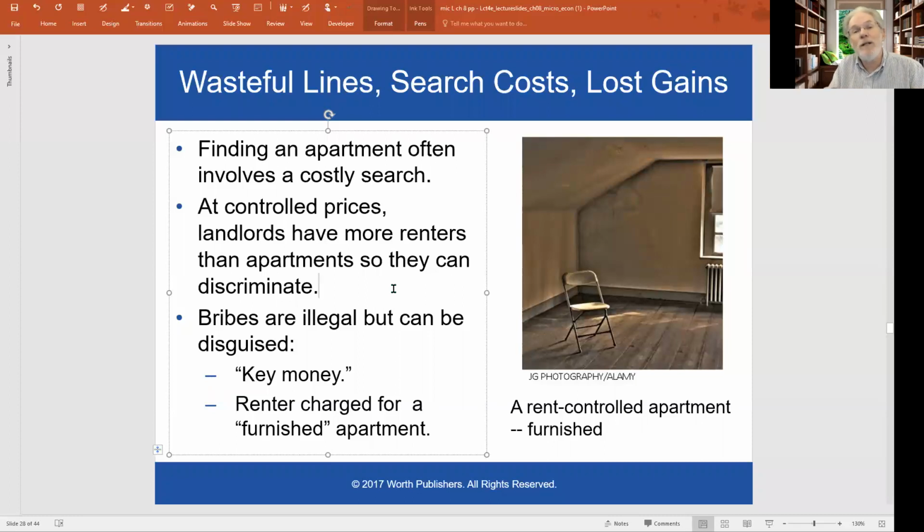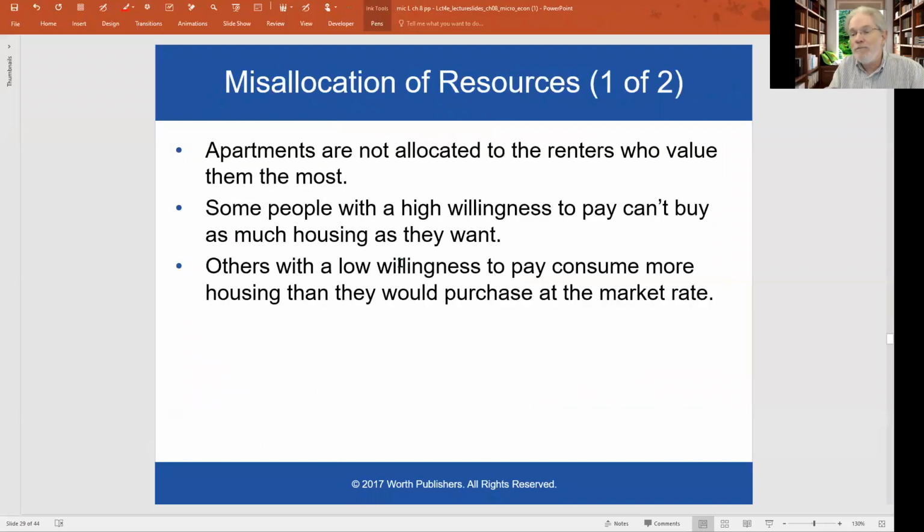And landlords sometimes become very, very creative in finding ways to get around the controls. So the politicians who create the policy don't have that much incentive to really think through how this is going to work. But the owners of the property do. And the owners are going to respond in ways that will benefit them and lead to unanticipated consequences.